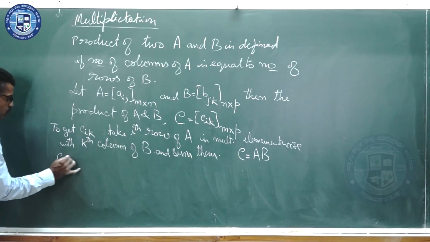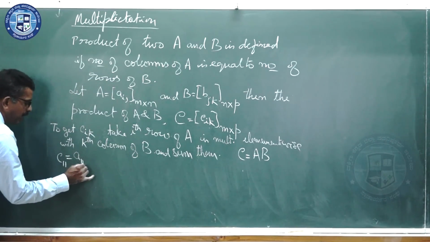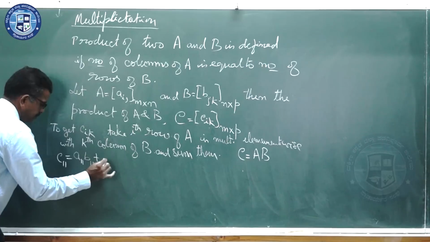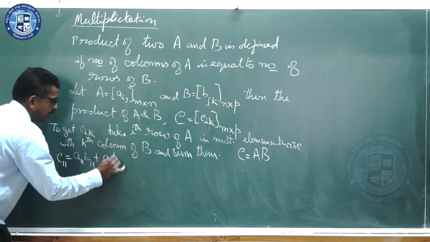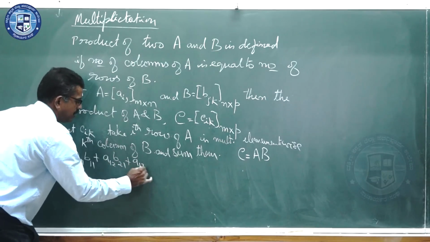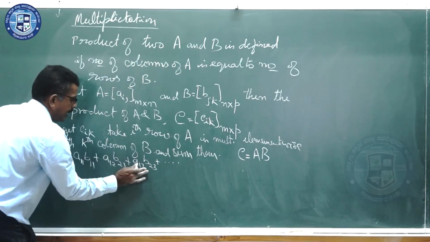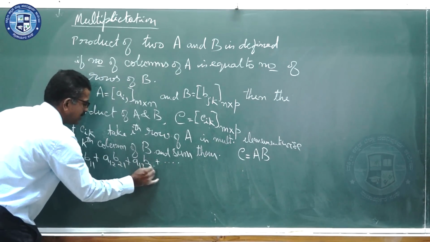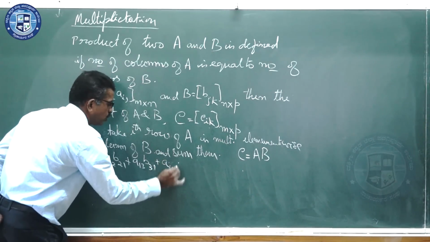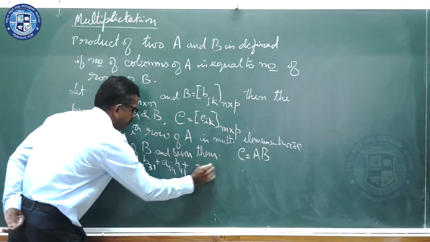C11 will be A11 into B11 plus A12 into B21 plus A13 into B31, plus A14 into B41, like this.